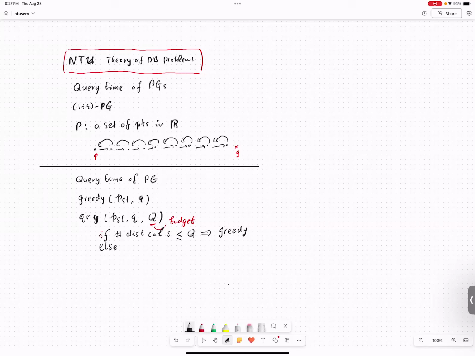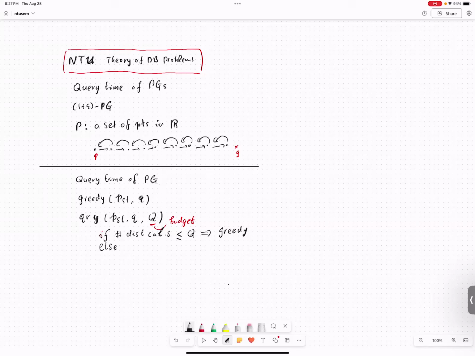So for any i, this is going to be true: D(Pi, Q) is less than or equal to D(P0, Q) over alpha to the power of i, plus (alpha plus 1) over (alpha minus 1) times D(P*, Q).